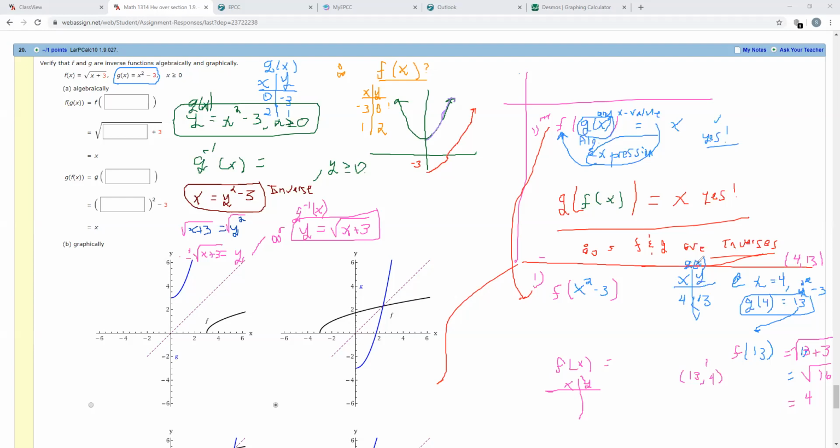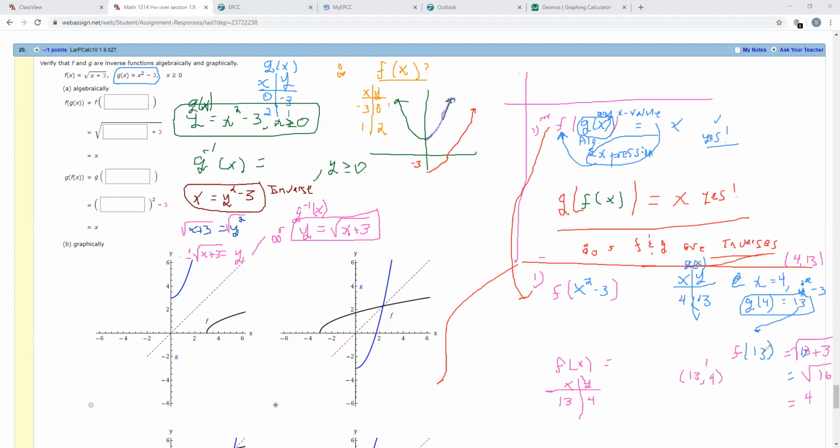And now we have shown that 13, 4 is on function f. Not only that, but more importantly, if you pick an x value, put it into one of the functions, in this case g, you get the range value 13.